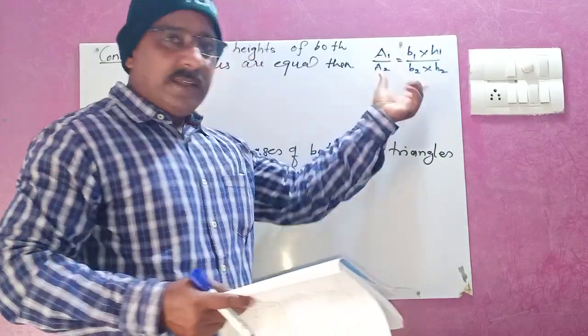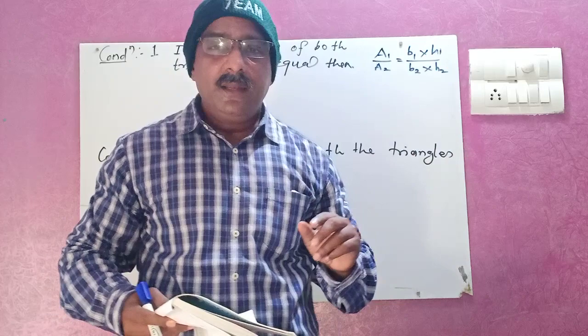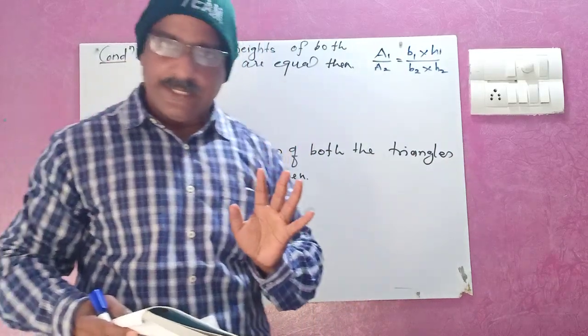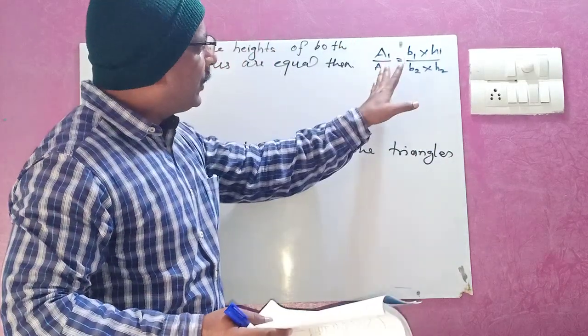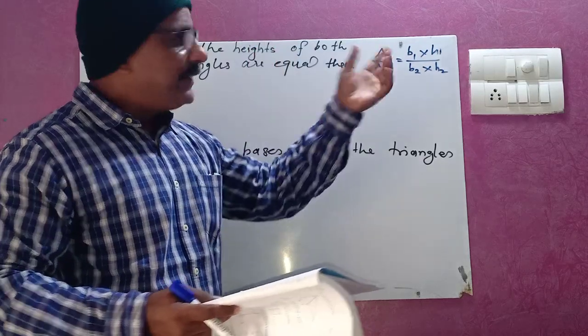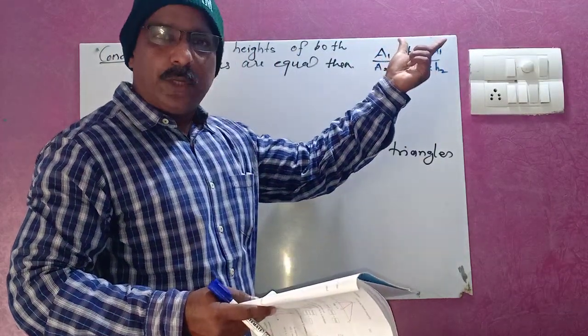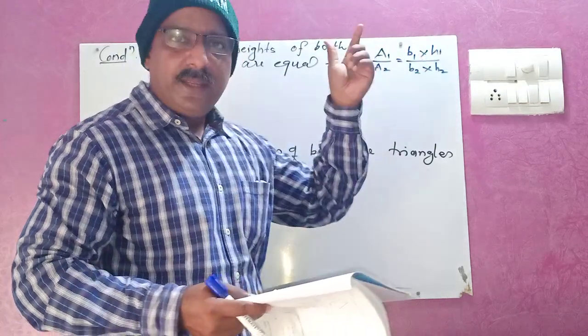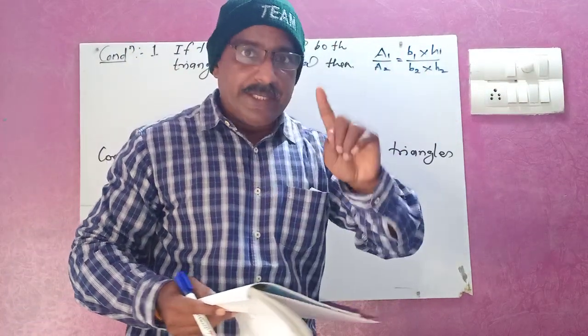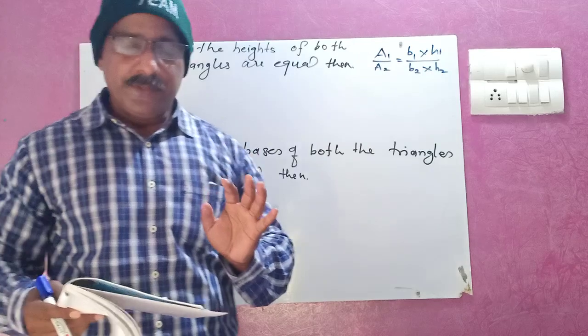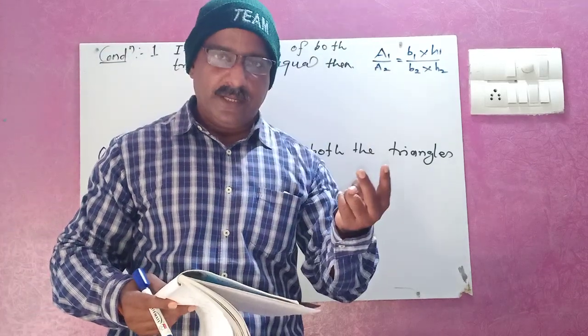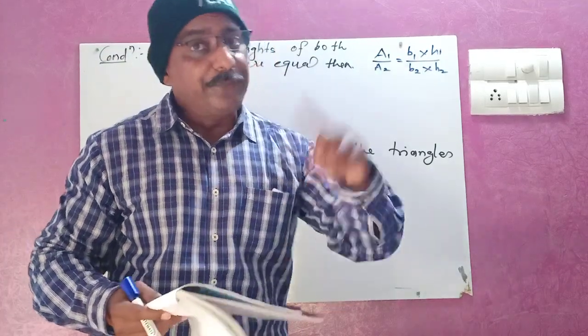In this case, neither the bases nor the heights of the two triangles are equal. Then also you get the ratio of the areas. It is equal to the ratio of the product of corresponding bases and heights.